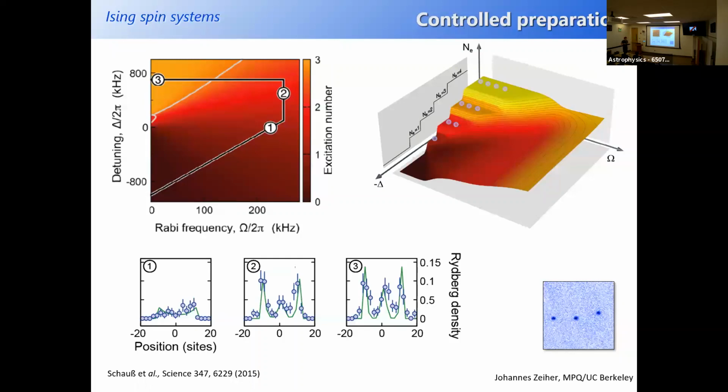Only once we ramp all the way into this phase, we see this marked three-peak structure, which is what you expect for this state. So we followed this trajectory, and doing that, we prepared the system close to the ground state at three different points in the space-time.